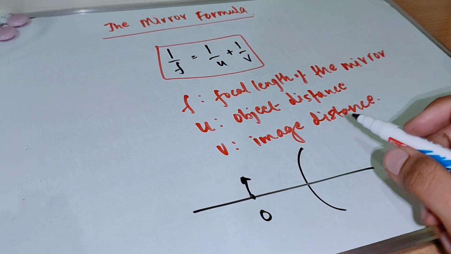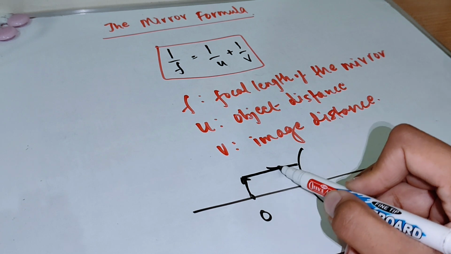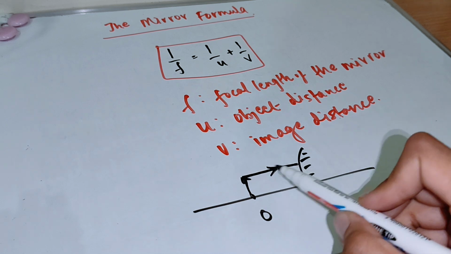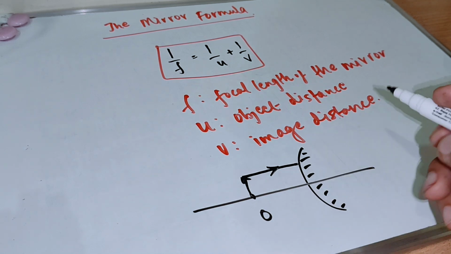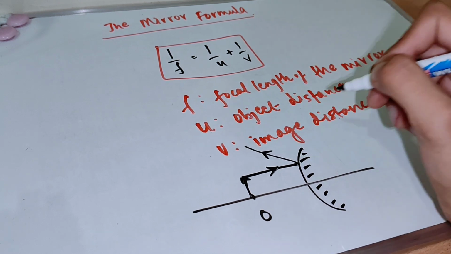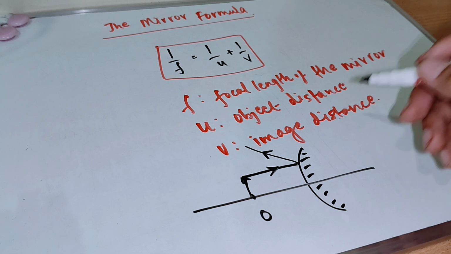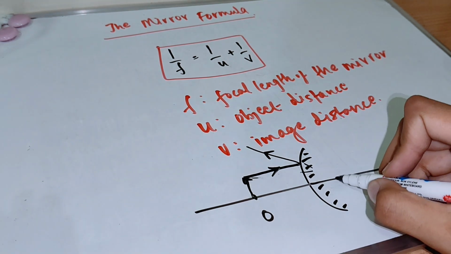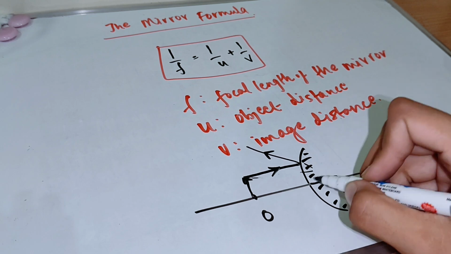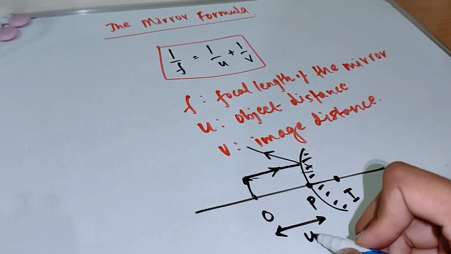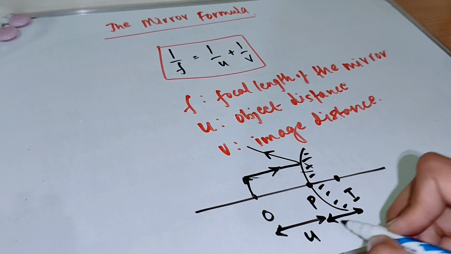It has some height, and now a ray of light will fall at the surface of the mirror, and now it will go like this. It will form some image, and that image will form the image distance. Let's say that the image is formed over here. Now we know that this is the pole, so this will be u and this will be v.